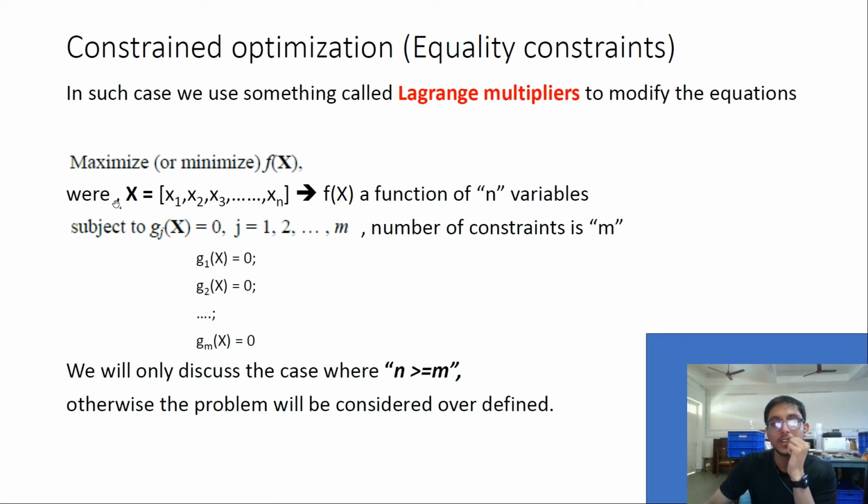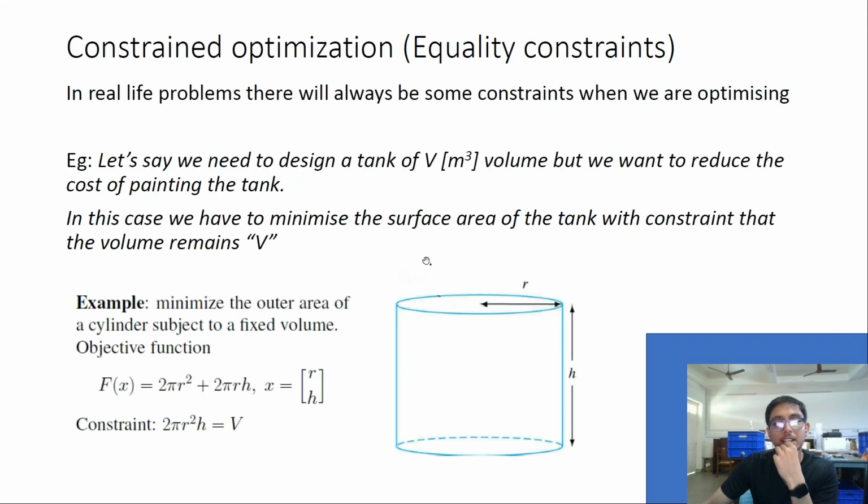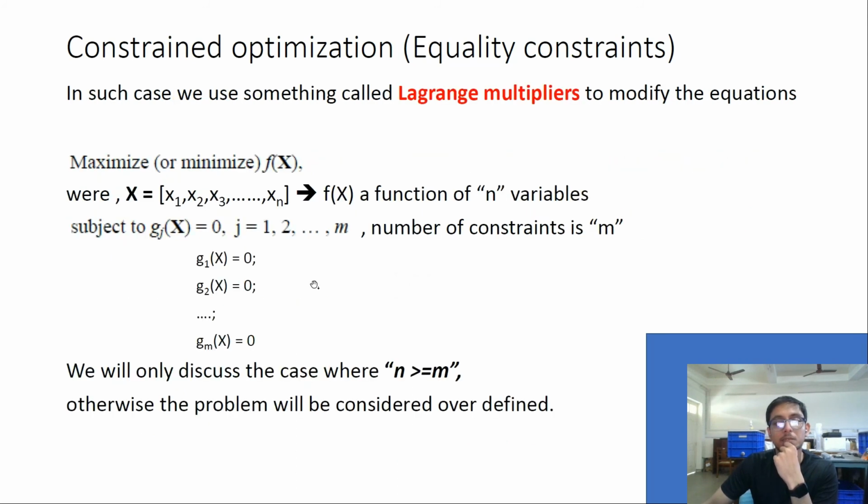So this function f is a function of n variables, x1, x2, x3 till xn. And the equality constraints that we have are m in number. So here we saw one function and one constraint, but there can be n functions and m constraints.